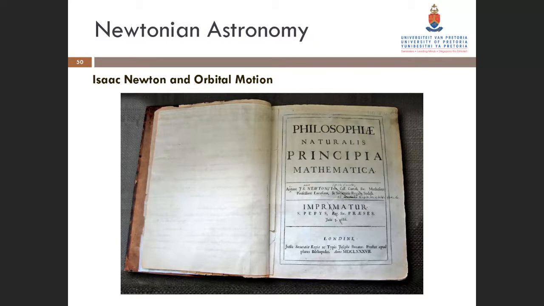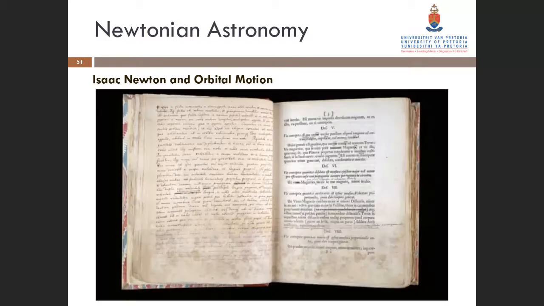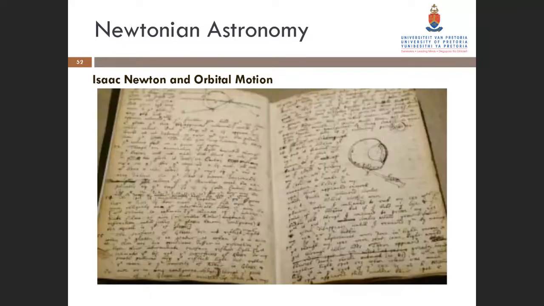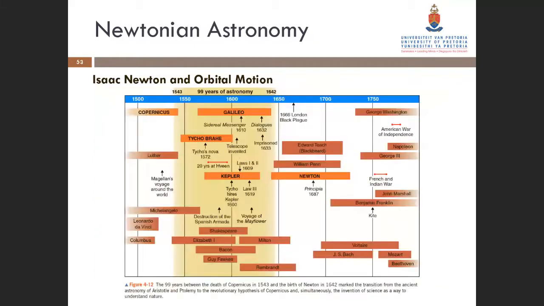So this is where the holy grail of science started. Here we can see one of his pages on orbital motion, and a bit of his other notes on orbital motion.